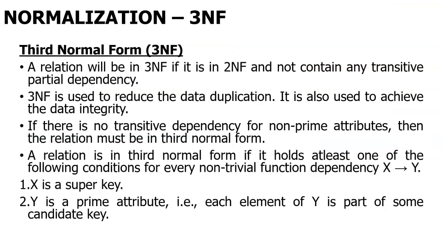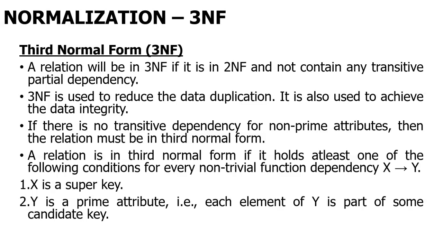Moving on to the third normal form. The third normal form should first satisfy the 2NF, and when it satisfies 2NF, it should also satisfy 1NF. So 1NF and 2NF should be satisfied. And here, the third NF will check that it should not contain any transitive partial dependency.